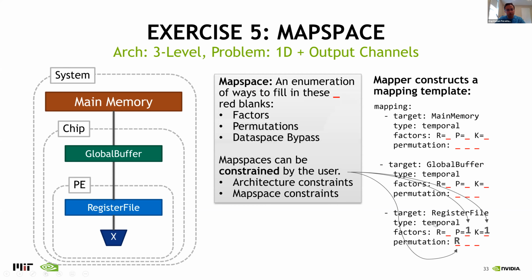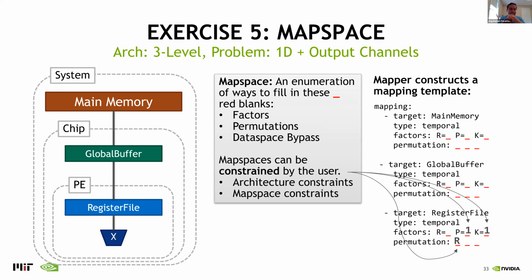Now, what a user can do is constrain that map space. And the constraint can be for one of 2 different reasons. One reason may be that your architecture is limited. You may have an architecture that's baked to be output stationary, right? And people do that to simplify the state machines, to simplify the networks. You may not want extremely flexible networks.